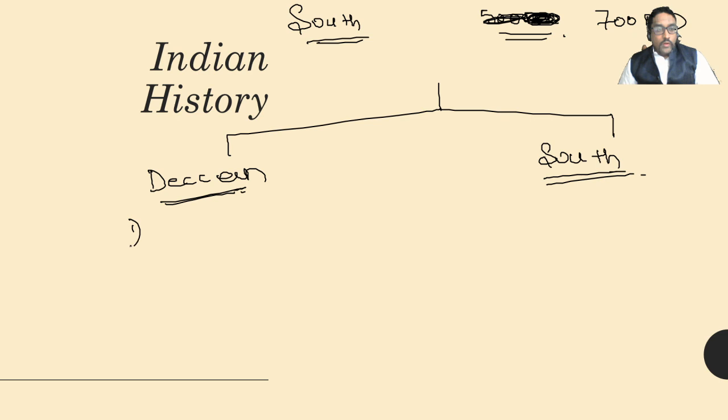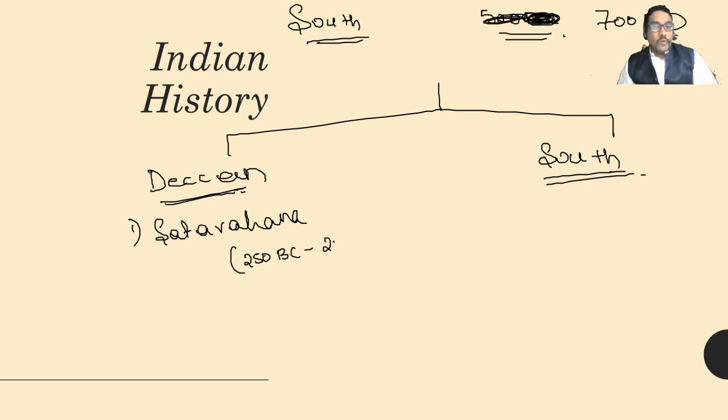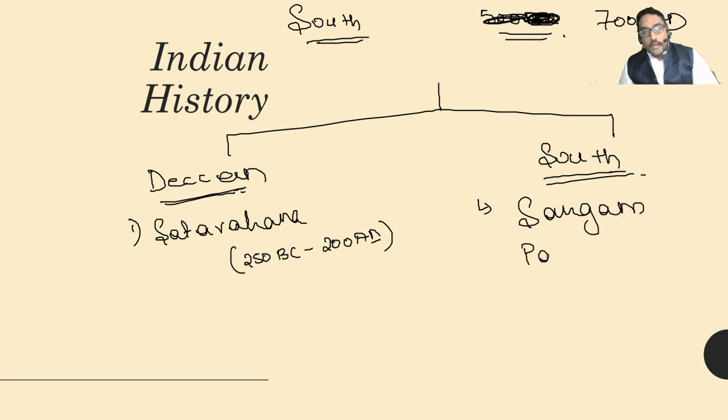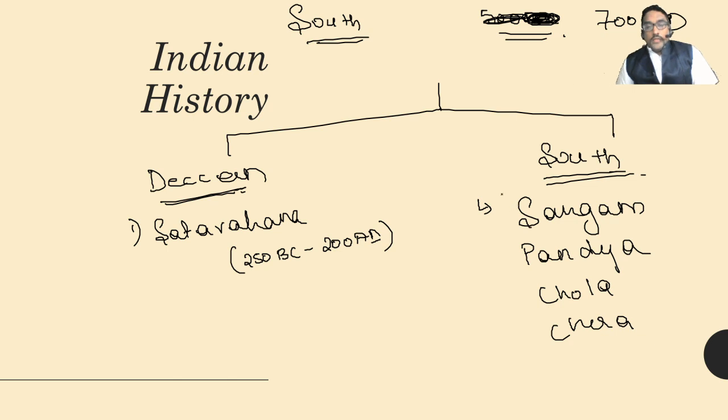In the Deccan, what you have to study is Shatavahana, which is around 250 BC to, you can say, 200 AD. And in further south, we see Sangam, Pandya, Chola, and Chera. This is entirely between the 3rd century BC to the 3rd century AD.